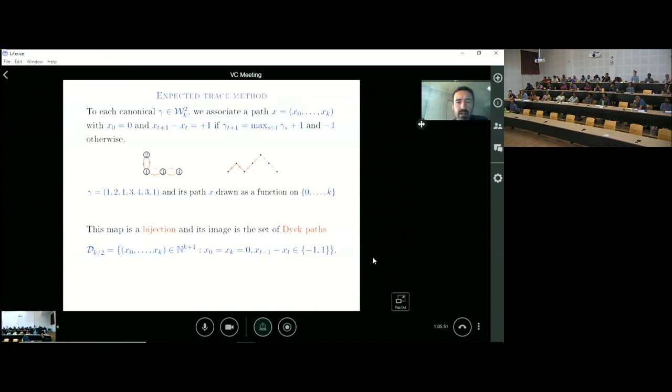And if you think about it, the image of this map is exactly the set of Dyck paths, which start at 0 and end at 0, remain non-negative, and have steps of size plus and minus 1.